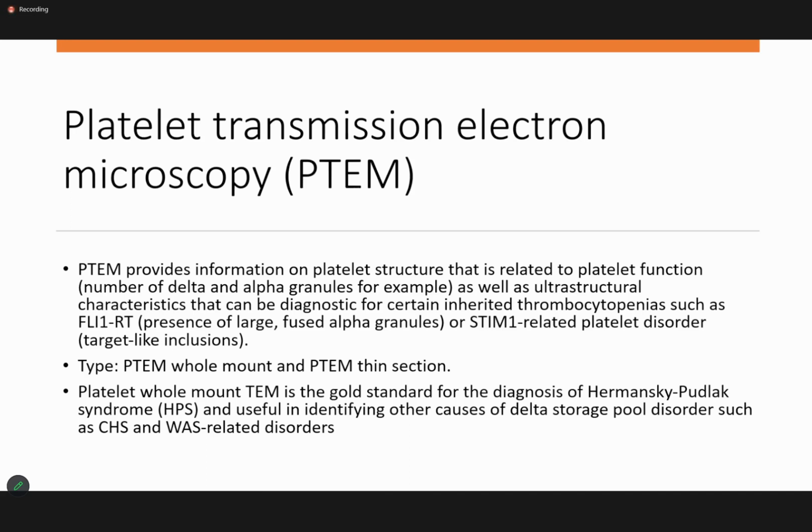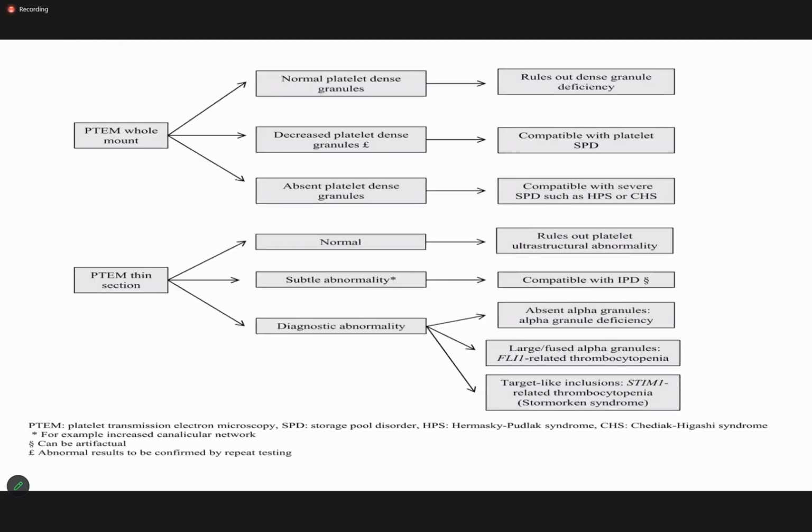Whole mount is to look into the dense granules and thin section is to look into the ultrastructure plus the alpha granules. Platelet whole mount transmission electron microscopy is the gold standard for the diagnosis of Hermansky-Pudlak syndrome and is useful in identifying other causes of delta storage pool disorder such as Chediak-Higashi and Wiskott-Aldrich syndrome related disorder.